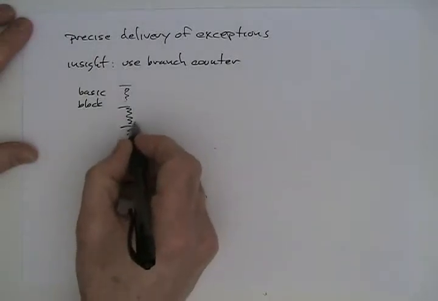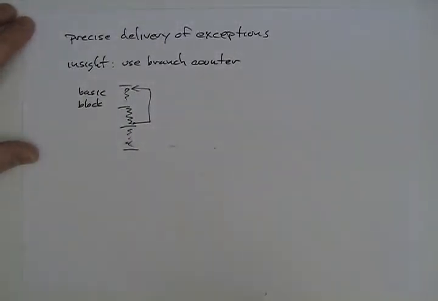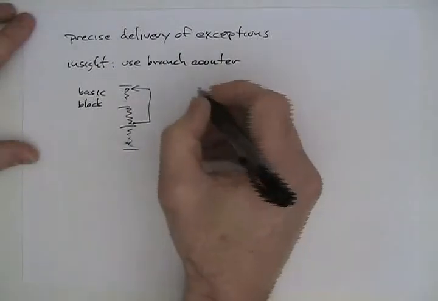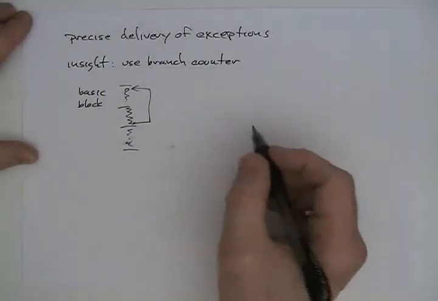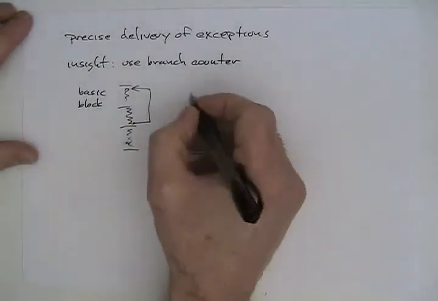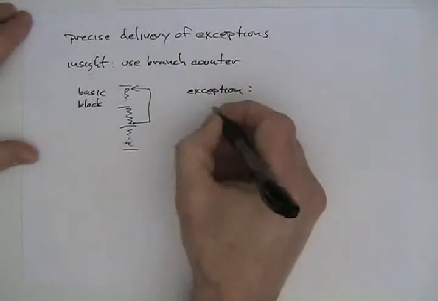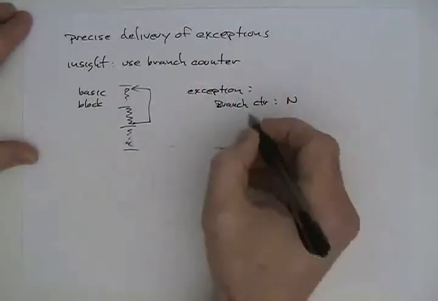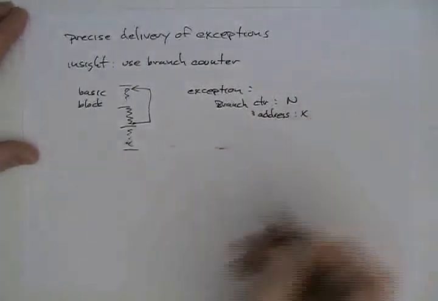You can break a program down into these basic blocks, and at some point it may jump to the beginning of another basic block and so on. But we can use this branch counter as a timer to say that an exception was delivered at branch counter n and then address x.